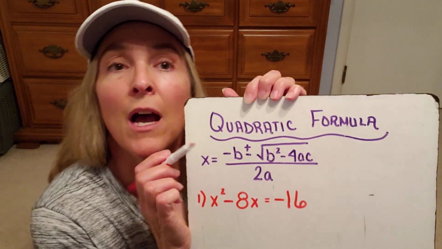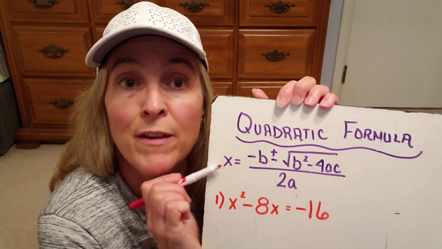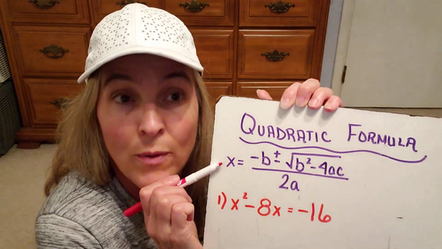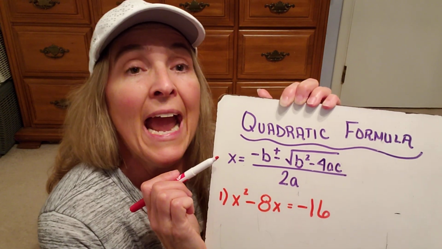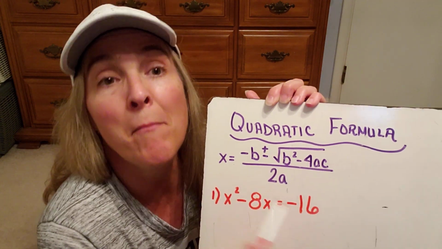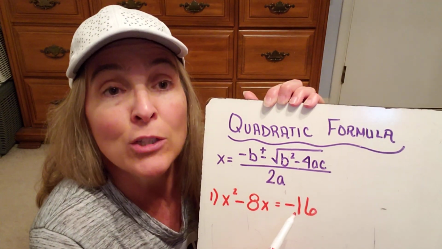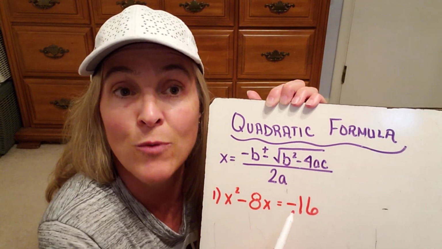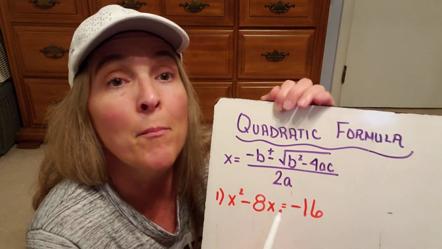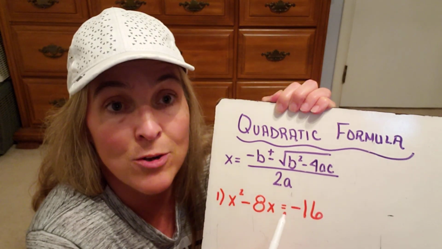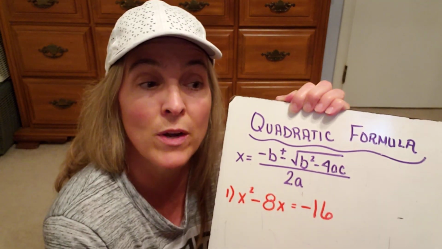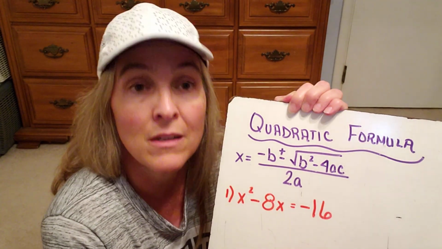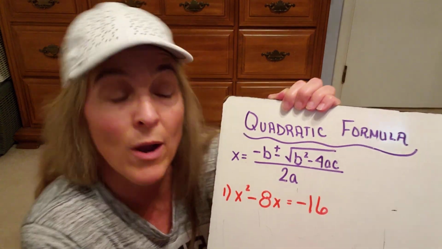The thing about the quadratic formula, again, is you are solving for x. Remember, these are your zeros of the equation, and your equation must be in standard form. None of your problems today are going to be written in standard form to begin with. So make sure that you get it in standard form, where it's a times x squared plus b times x plus c equals 0.